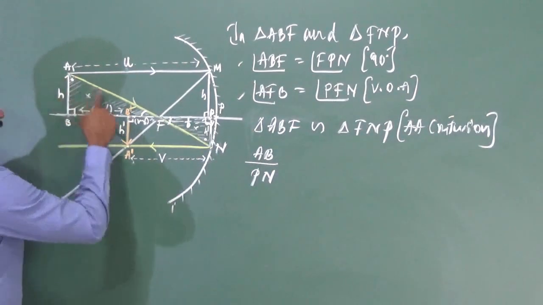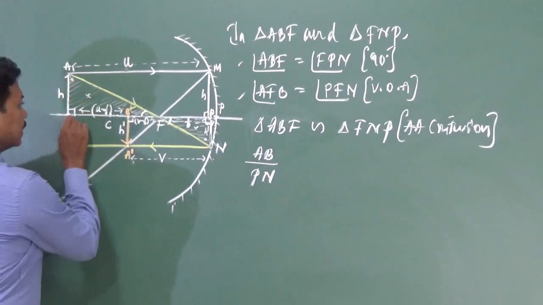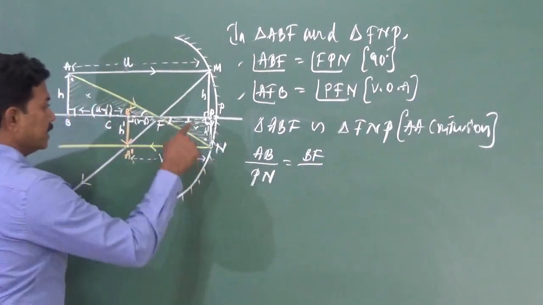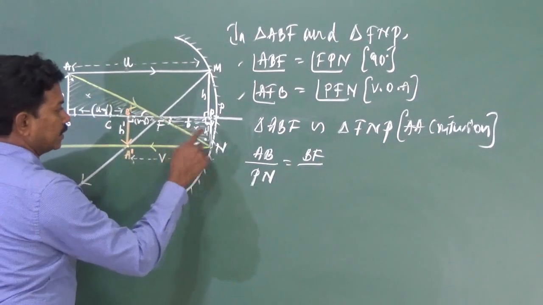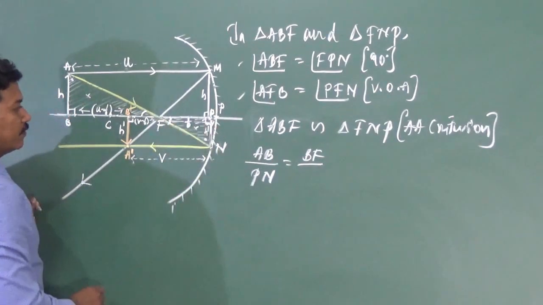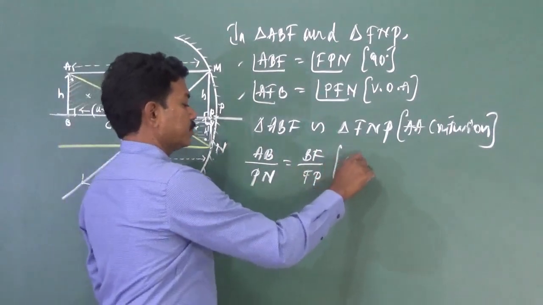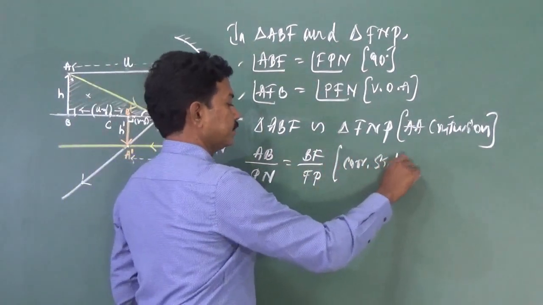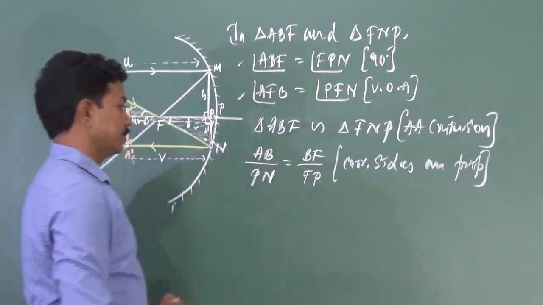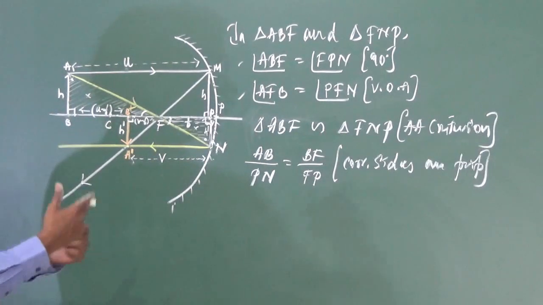In triangle ABF, the side opposite the third angle is BF, so BF by FP, since in the other triangle the side opposite the third angle is FP. The reason is that corresponding sides are proportional.